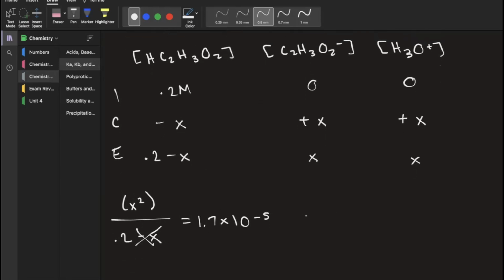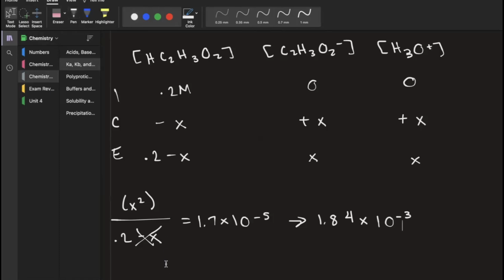We're going to solve for X. To do that, we multiply 1.7 times 10 to the negative fifth by 0.2, which gives us 3.4 times 10 to the negative 6. And we just find the square root of that, which is going to give us 1.84 times 10 to the negative 3.